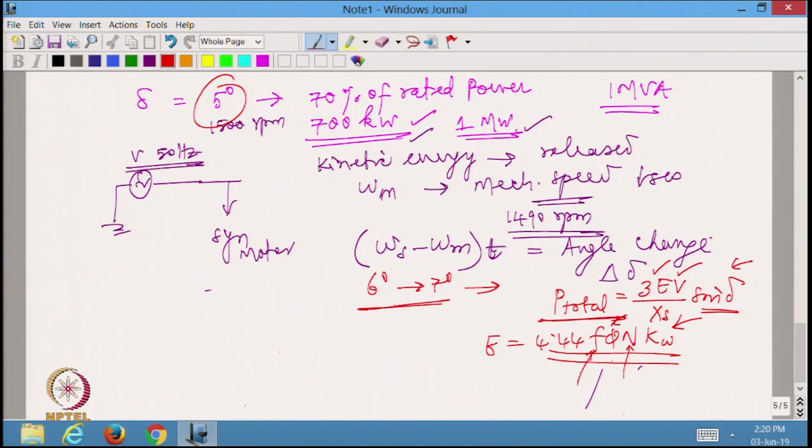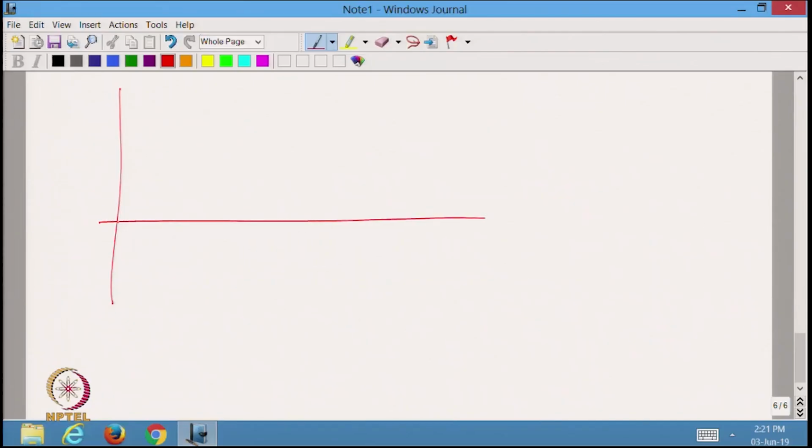Please understand, the kinetic energy was released because the P generated by the machine was less than P demanded from the load side. Now, P generated from the machine is slowly increasing because delta is increasing. So, if I look at how the power is changing, I should draw the variation somewhat like this.